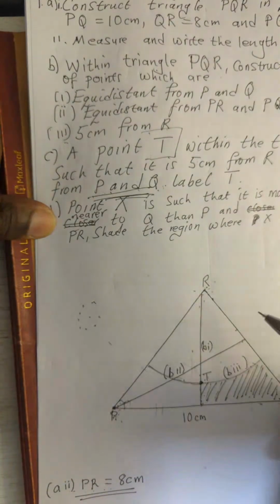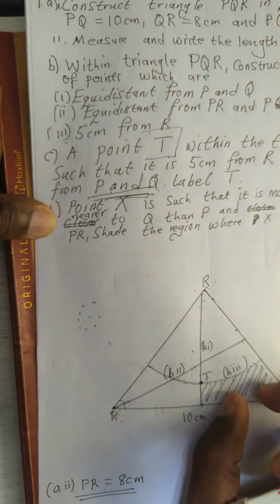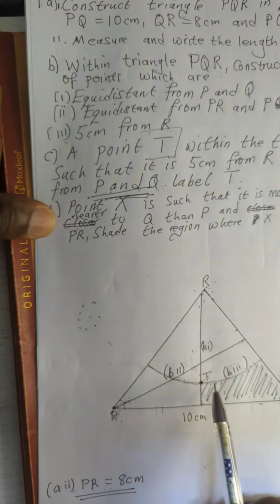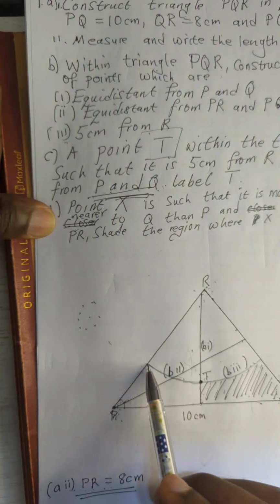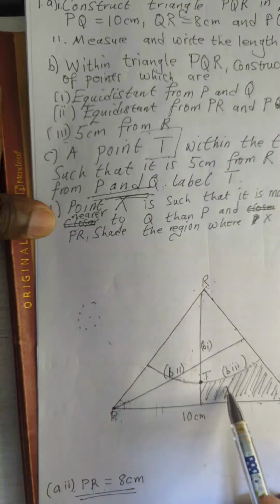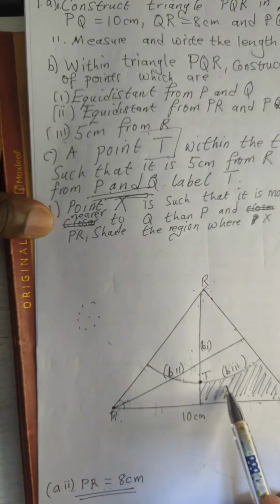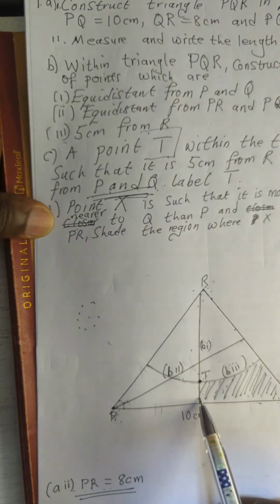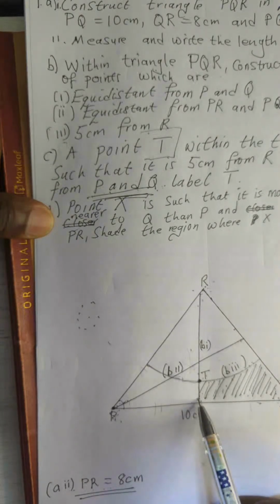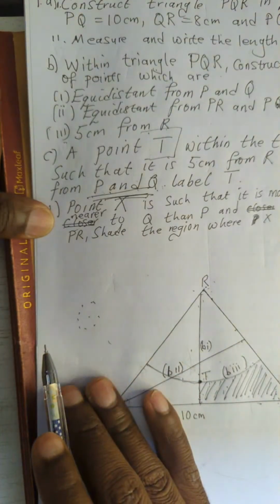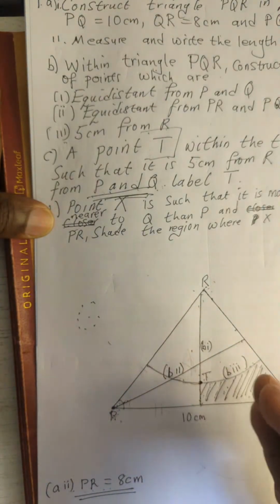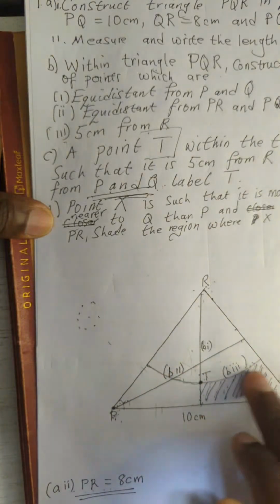Let me say that again. This shaded region, as you can see, this is the boundary for 5 centimeters from R. So if you go down, it is less than 5 centimeters from R. Then this boundary is the middle ground of P and Q, meaning that this side it is closer to Q, this side it is closer to P. So X, they said it is closer to Q, so it has to be this side.